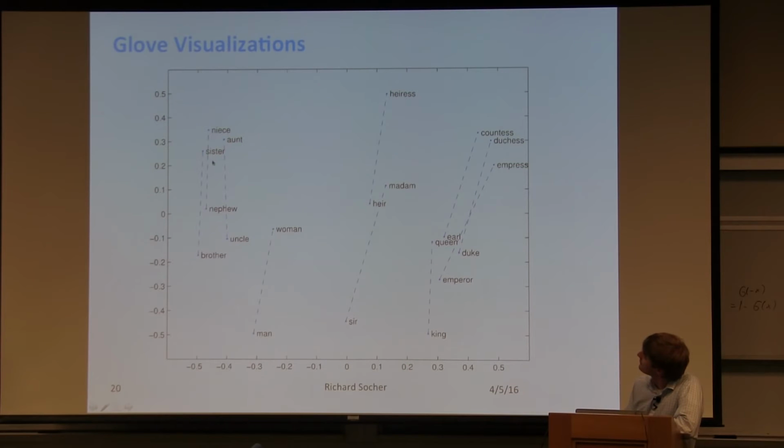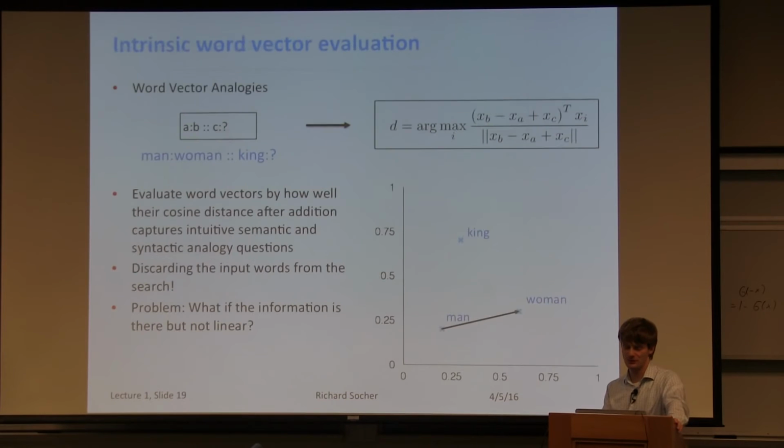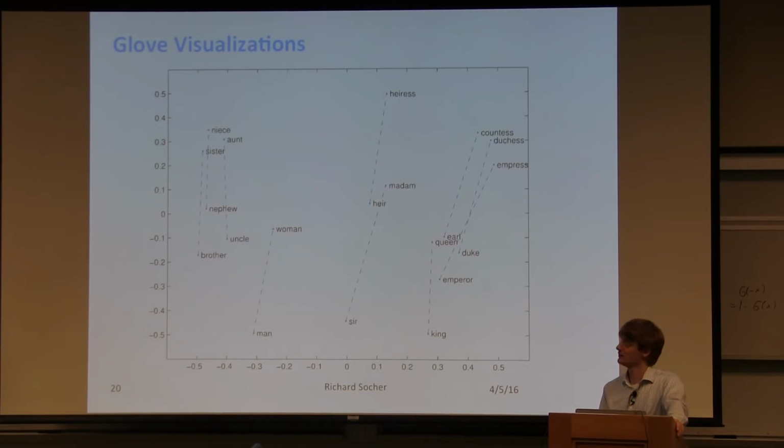So brother is to sister as nephew is to niece. Or sir is to madam as heir is to heiress. And for some, they're even nicer and they go exactly in the same direction and have similar lengths, and in others they're not quite, but still go roughly in a similar direction and have roughly similar lengths. Of course, the length shouldn't matter because we'll use the cosine distance here. But for this visualization, you still see that there's a difference, which we'll get rid of in our evaluation.